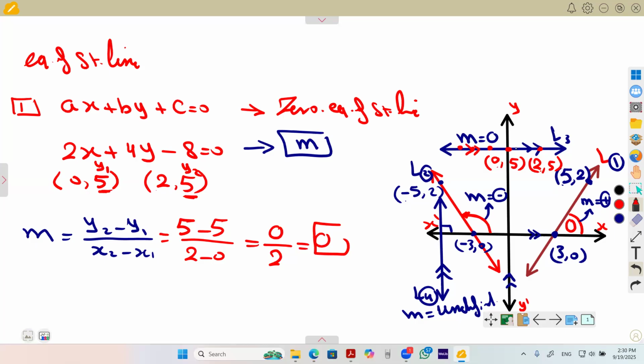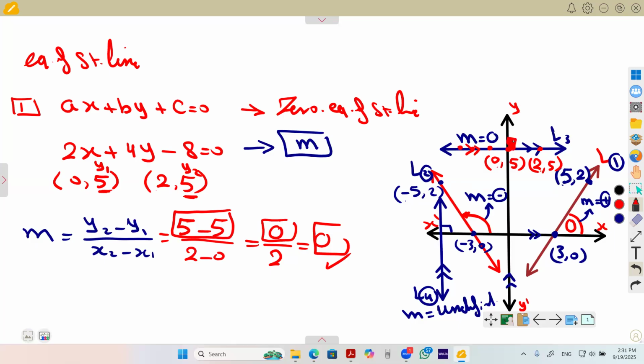So if we choose any 2 points, the numerator is constant, and when we subtract any number from itself, it must be 0. So 0 over any number is 0. This is a rule: if the straight line is parallel to the x-axis or perpendicular to the y-axis, its slope must be 0.